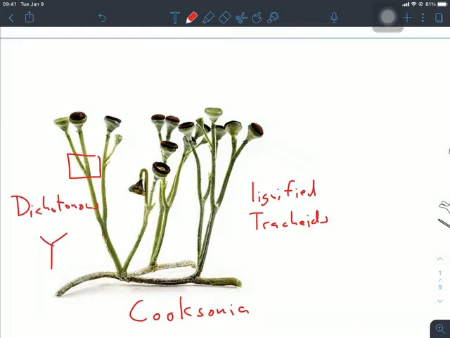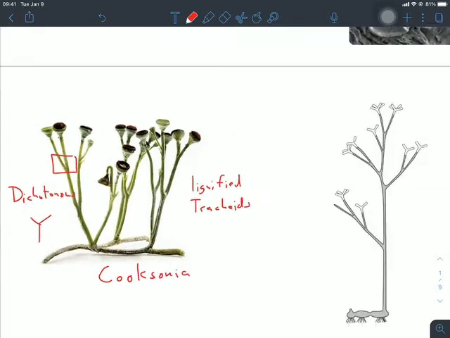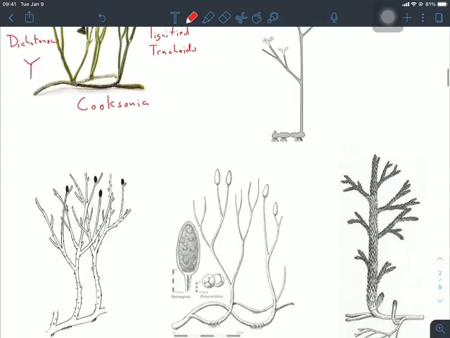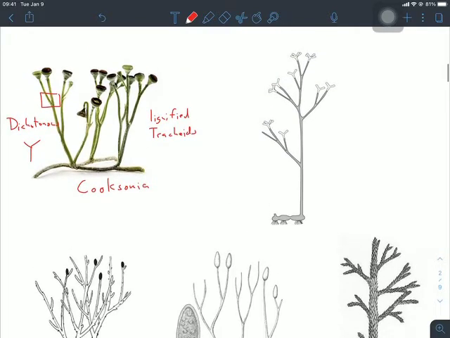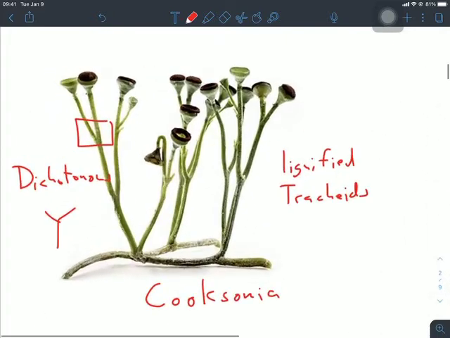When plants first began to branch, all of them were branching in various amounts of Y. Cooksonia is just our oldest fossil to do so, and you can see evidence of that Cooksonia plant in the fossil at West Shore.